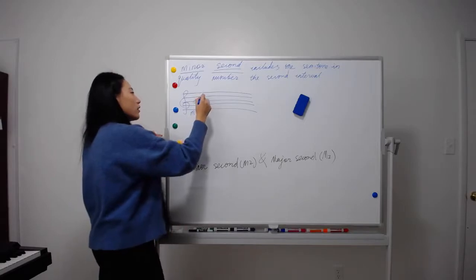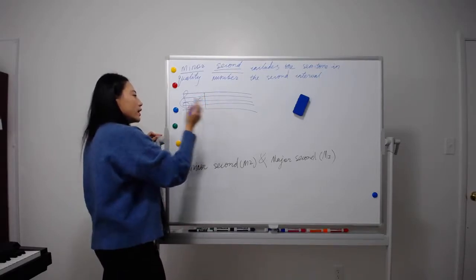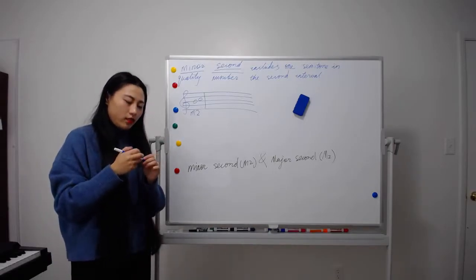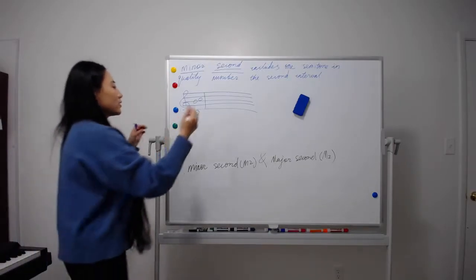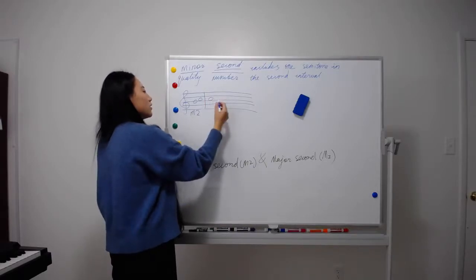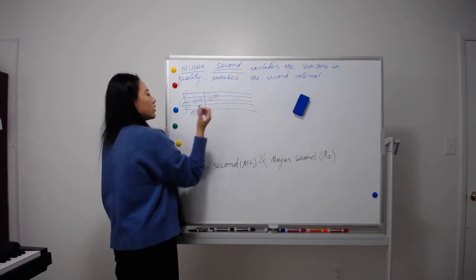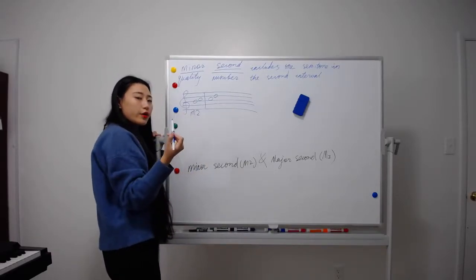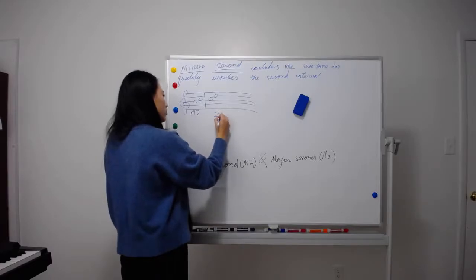Let's take another example. Let's see. D, C, and D. It's 1, 2. It's the number of 2, right?